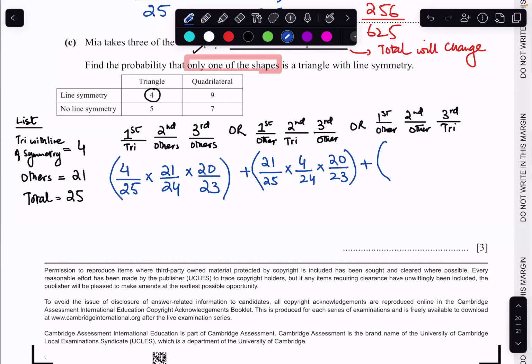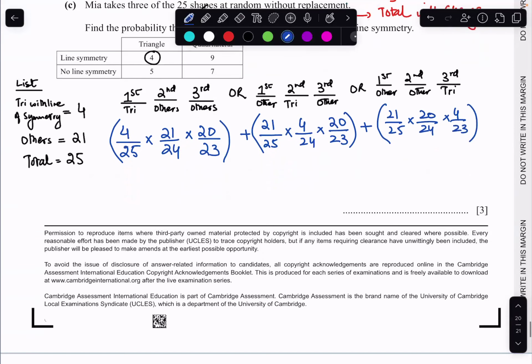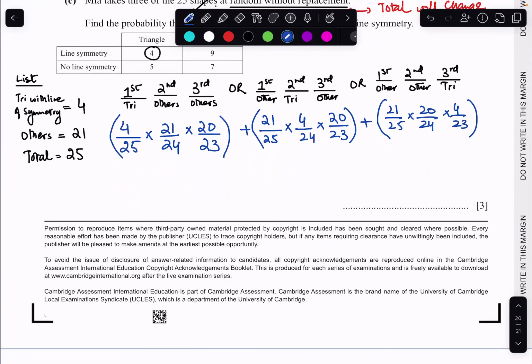Or 21 by 25, 20 by 24, and 4 over 23. Isn't it the same thing every time? The numerators have the same values and the denominators have the same values. 4, 21, and 20 in the numerator, and in the denominator we have 25, 24, and 23. Right? Isn't it? For each possibility.